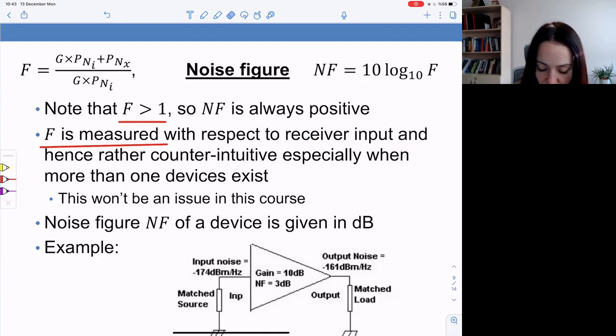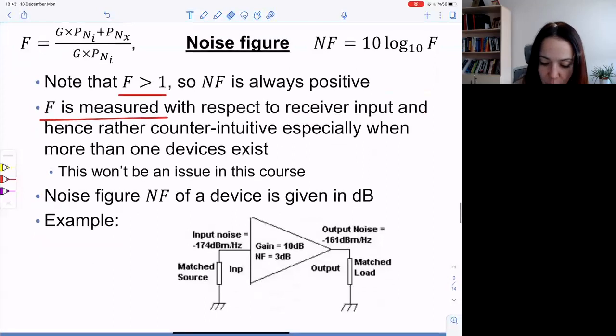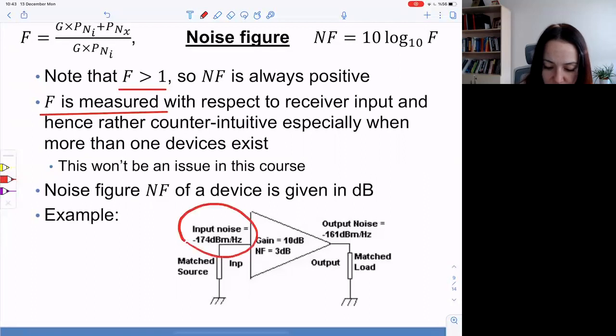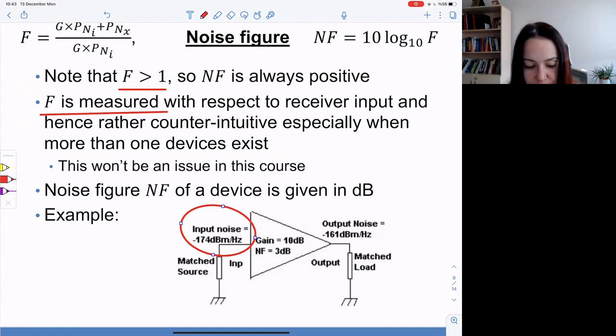So let's see. First of all, let's worry about only one stage. Suppose I have this amplifier with input noise minus 174 dBm per hertz. The gain of the amplifier is 10 dB. The noise figure is 3 dB.